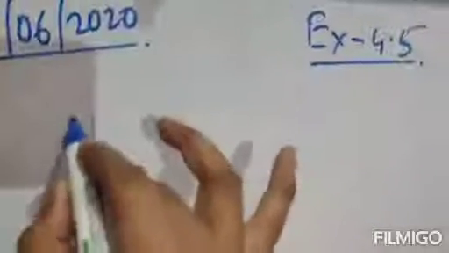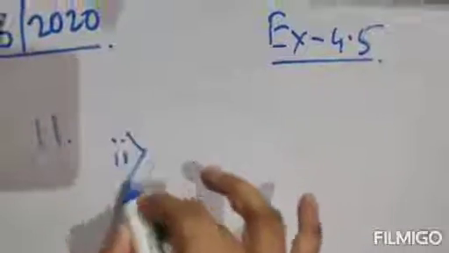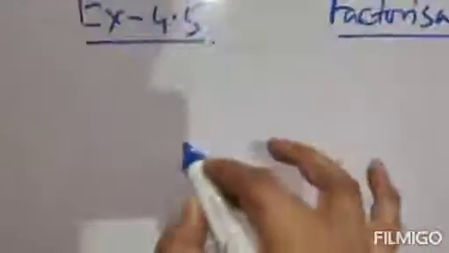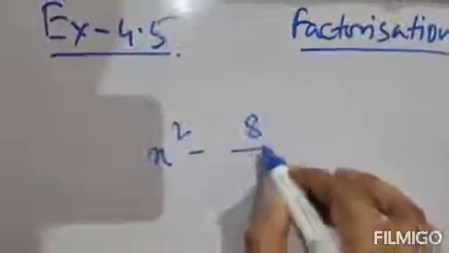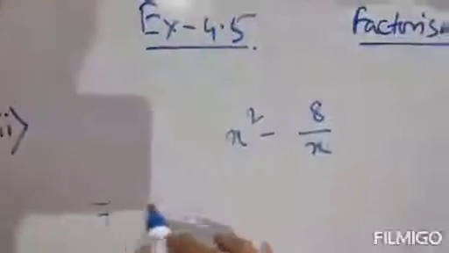Next one is also very important. Question number 11(2). Question is x to the power 2 minus 8 by x. This is also very important. So how can we solve this question?